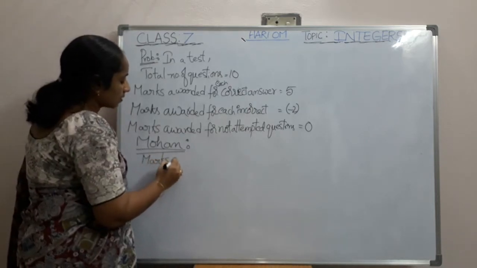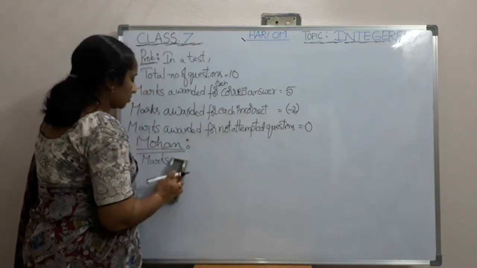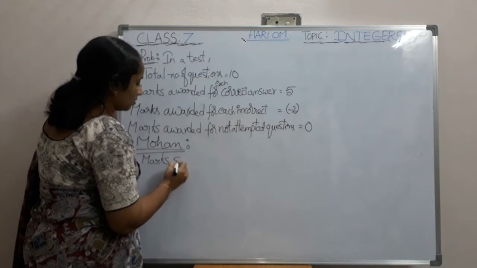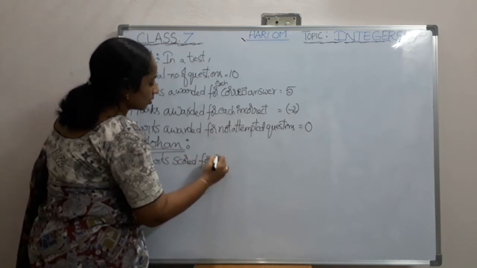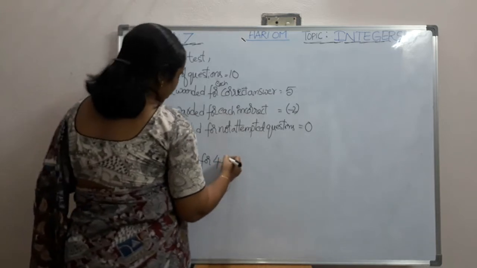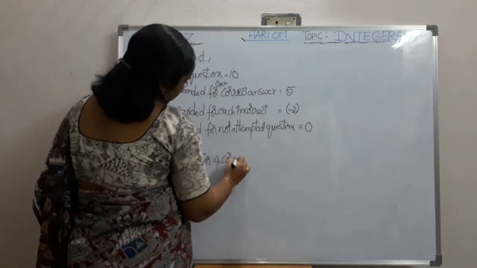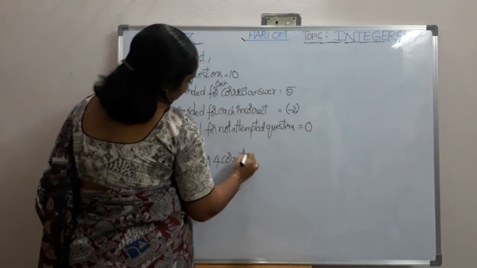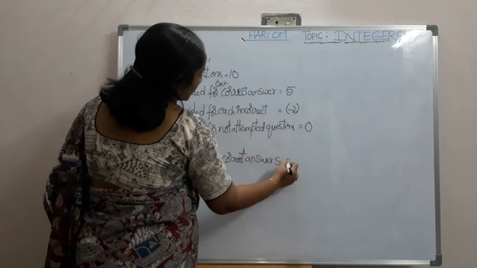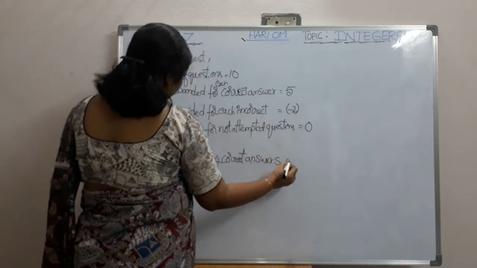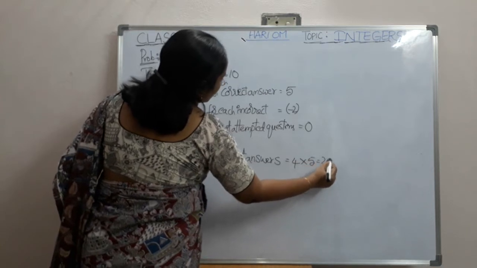Marks scored for 4 correct answers is equal to 4 into 5, which is 20.